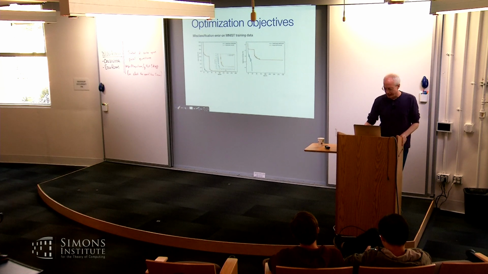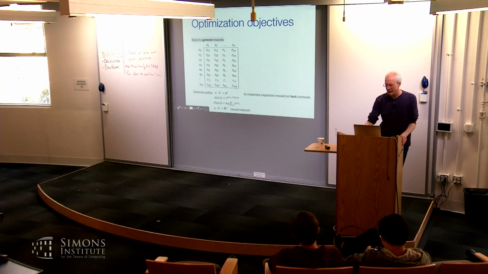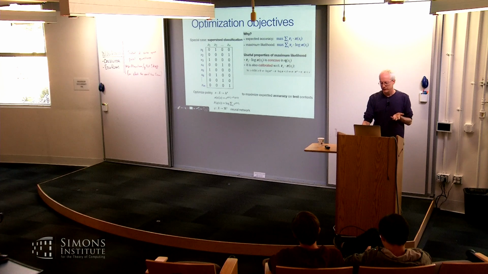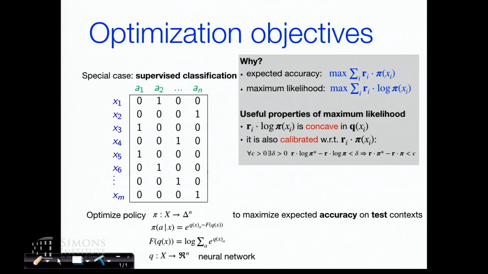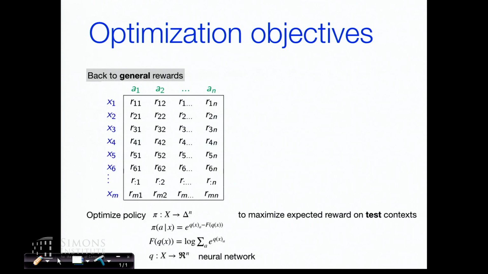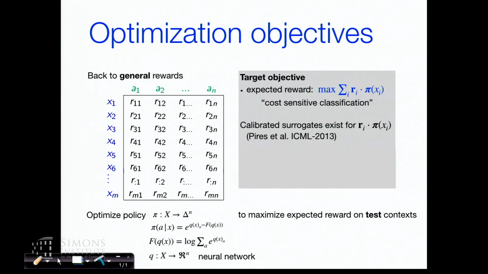Okay, let me close the loop in the general case. Of course, we know what to do in the 0-1 reward case, which is we just do r.logpi. But what if R is general, not 0-1 loss? It's much trickier, and that was a more recent finding.